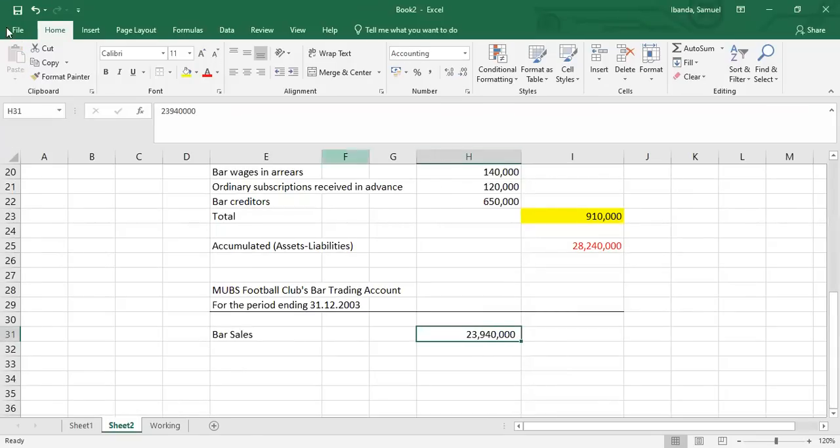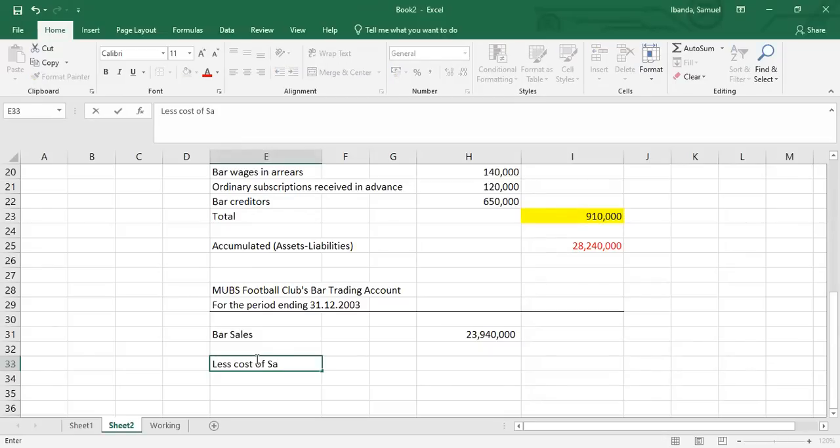In case we had any more information about sales, we would add them there. So that's how we would get our 23,940,000.